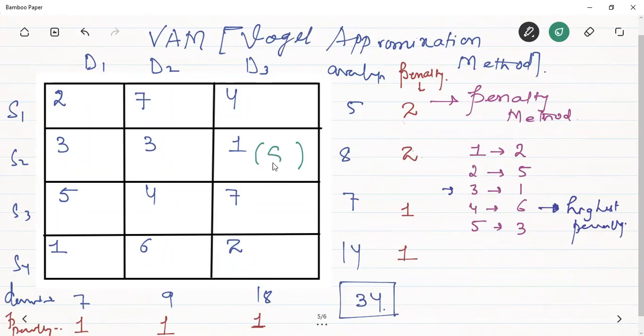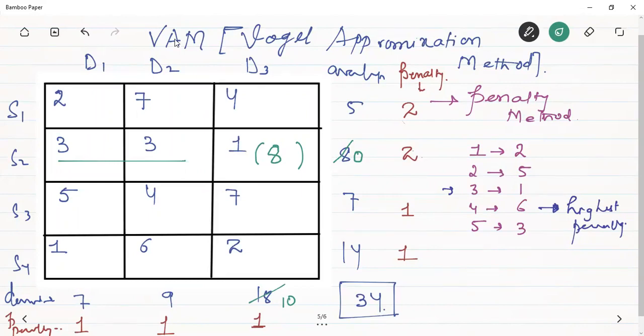Therefore 8 will be allocated now. अब यहाँ पे बचा कितना, 0, और यहाँ पे बचा कितना, यहाँ पे 10 बचा. ठीक है, this is not now to be allocated because the supply was 8 and all these 8 units have been given to the destination number 3. Therefore supply point second can't give anything to the destination 1, neither it can give anything to the destination 2 here. Okay, this is the first table.